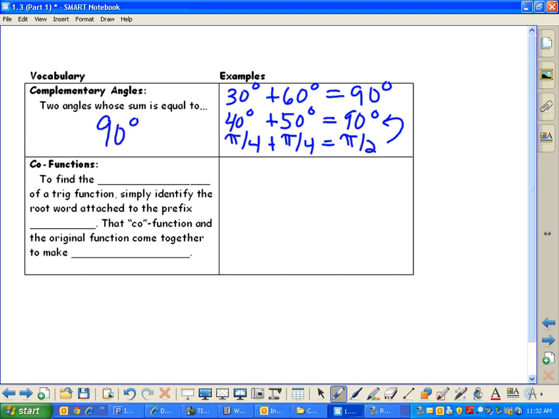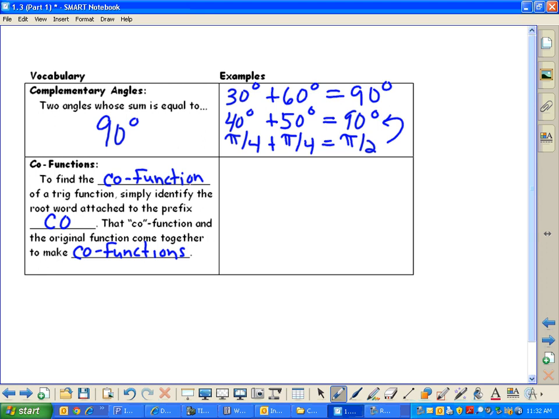Now the definition of the term cofunctions. To find the cofunction of a trig function, you simply identify the root word attached to the prefix co. That cofunction and the original function actually come together to make cofunctions. So here's what I mean by that.